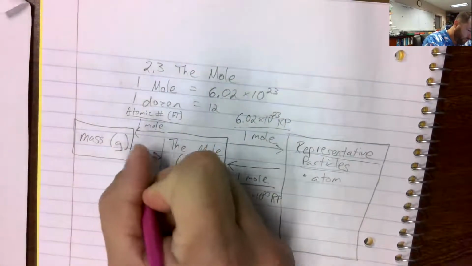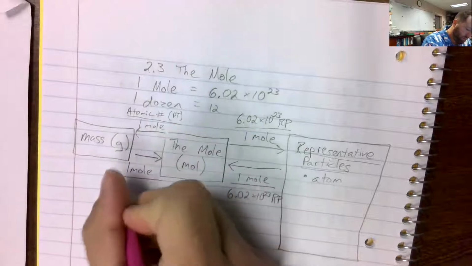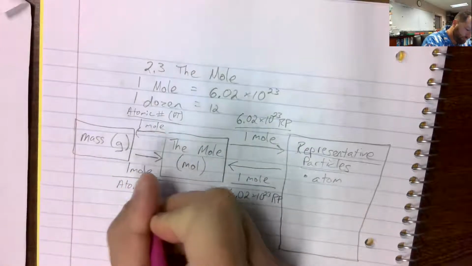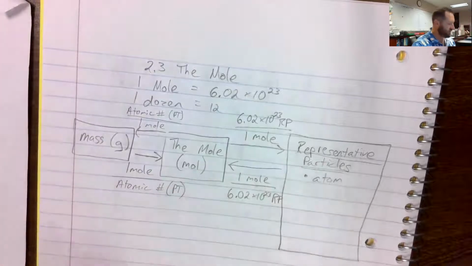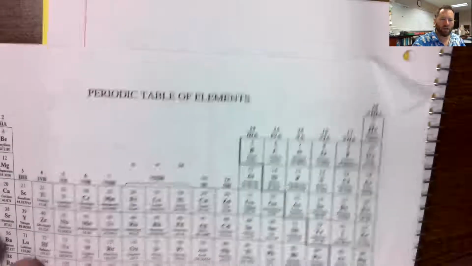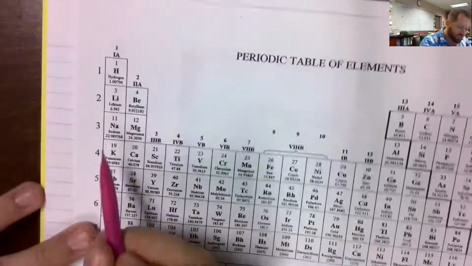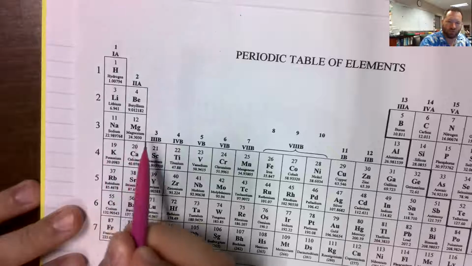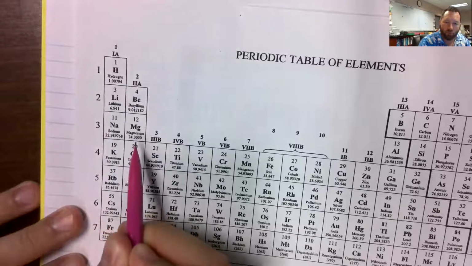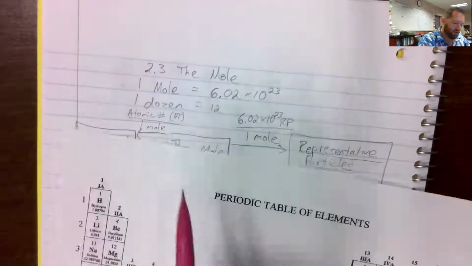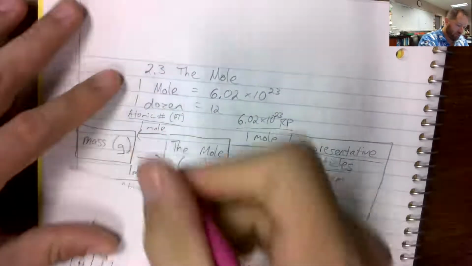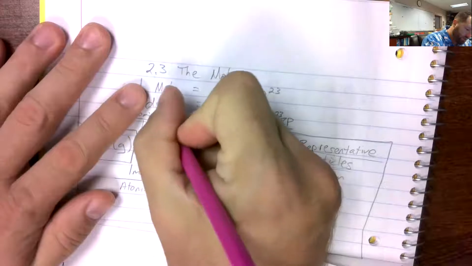You'd say 1 mole. From our previous lessons, this big number here at the bottom, I almost always have a long decimal after it, 24.3050 for magnesium. That is the, not the atomic number, atomic mass. Excuse me.